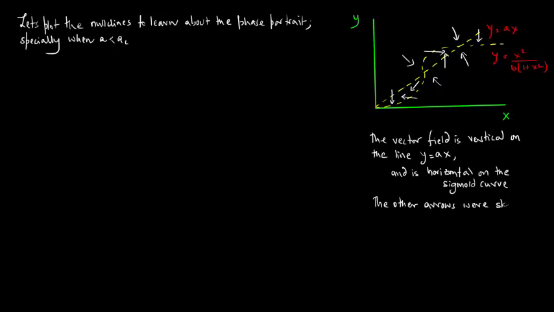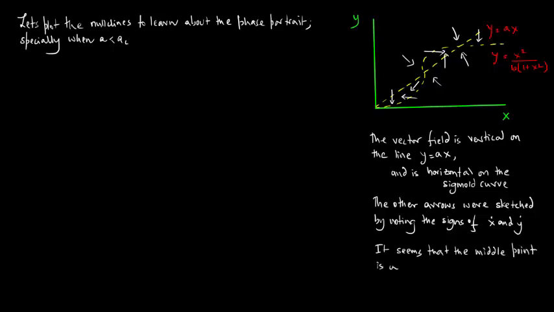The other arrows were sketched by noting the signs of x dot and y dot. It seems that the middle point is a saddle and the other 2 points are sinks. So we highlight the sink and that's a saddle.